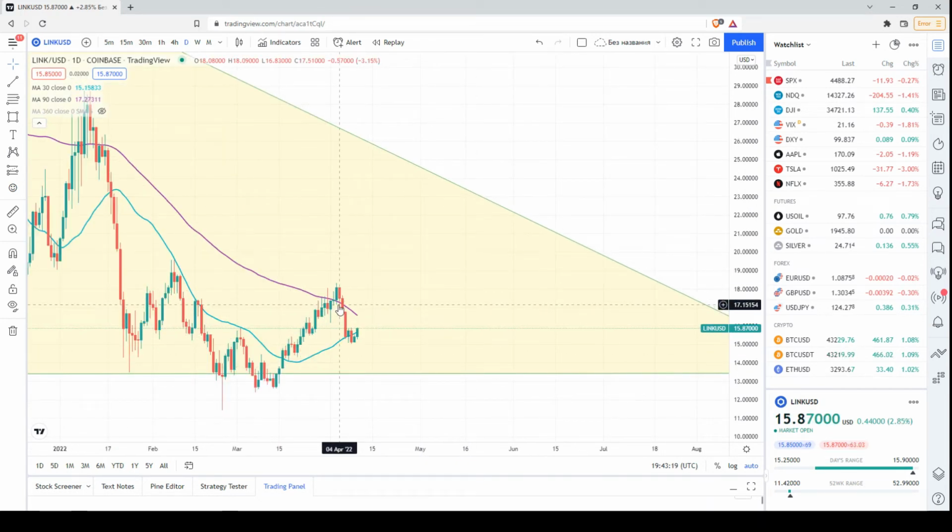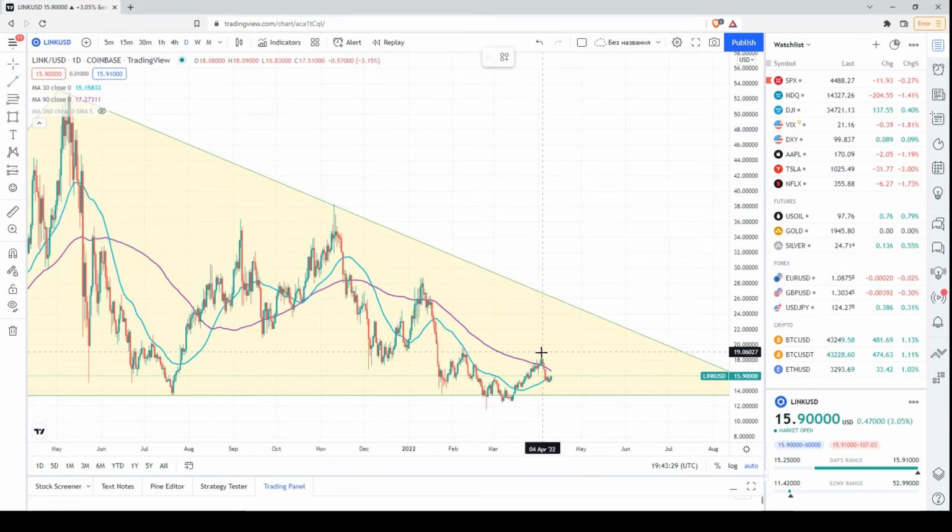The price hit a couple of days ago the 3-month moving average, faced resistance, and now is declining. I would like to see the price above these two moving averages in order to say that yes, now we have a bullish signal. At the moment, we're still below these moving averages. That's why I will remain in wait and see mode.